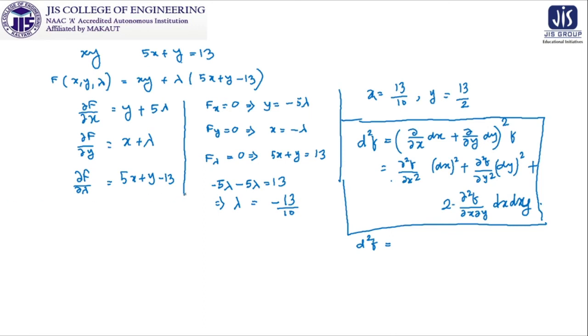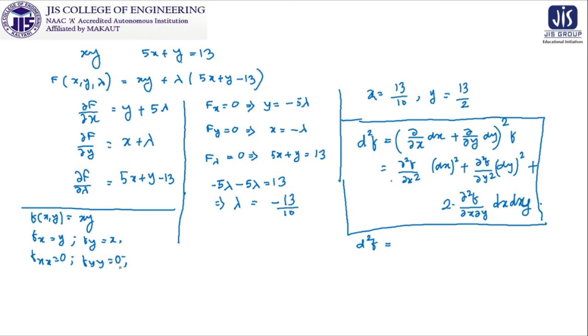So if we go back here, our f of xy is equal to xy, so fx is y, fy is x, fxx is 0, fyy is 0, fxy is 1.